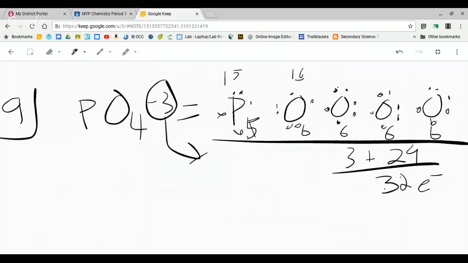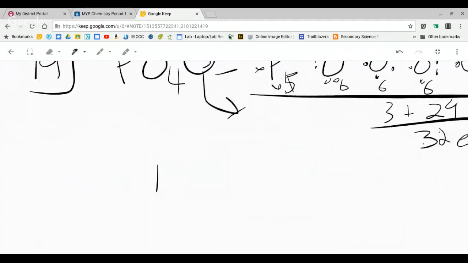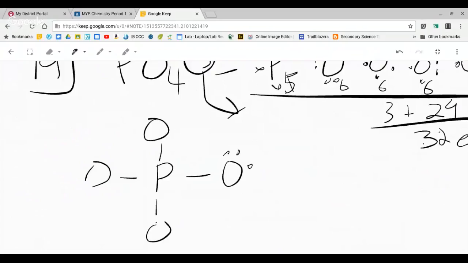So now we can draw out the molecule. Phosphorus is more to the left, so it's going to be in the middle. Oxygen is more to the right, it's more electronegative, so it's on the outside. We satisfy the octet rule for everything. Phosphorus is happy. The oxygens are not. They want their 8 electrons.